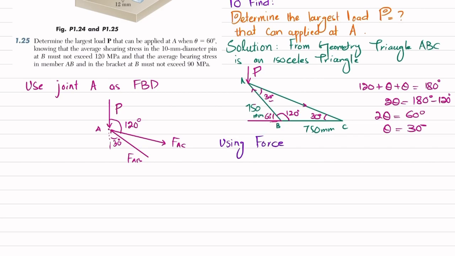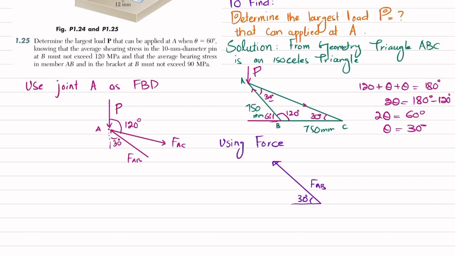If you have FAB, and you draw a horizontal line for reference, and you draw FAB in this direction, which makes 30 degrees with the horizontal, this is 30, this is FAB, and then the vertical load P. P will be downward.